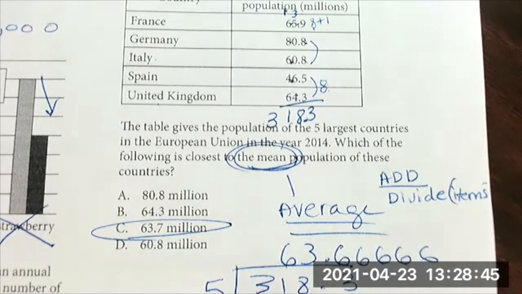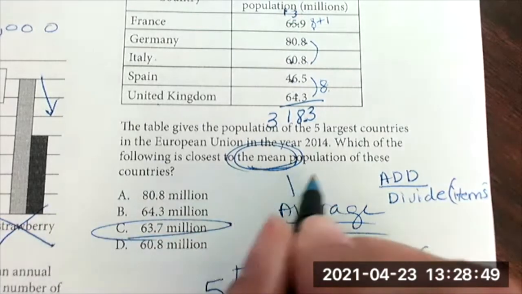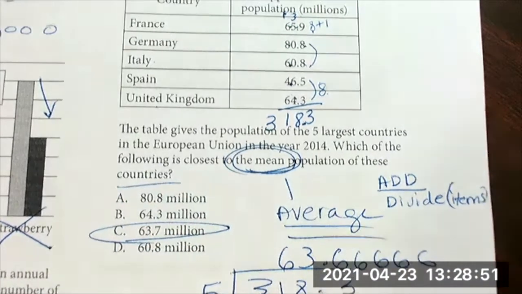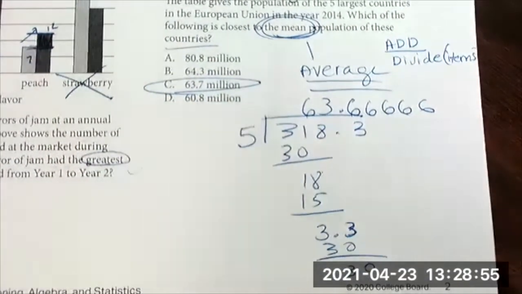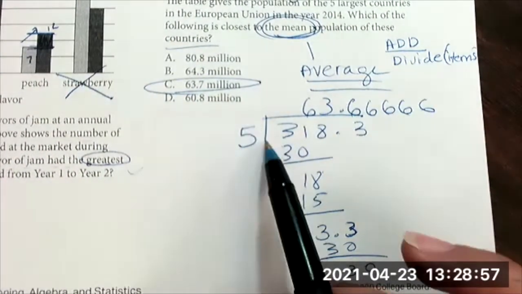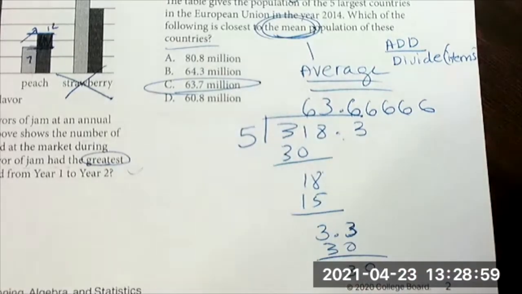I'm going to put another 6. So let's go ahead and round to 63.7. And I'm sorry I didn't give that back, but this is a dividing problem.